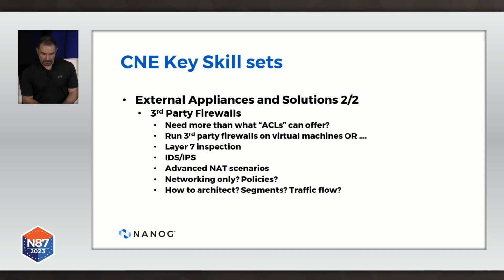Another interesting thing in terms of appliances is third-party firewalls. The concept of firewalls in the cloud, it's a little story here. So we started from the very, very basic, that people would build firewalls on virtual machines when they had designed the foundational layers of their cloud.